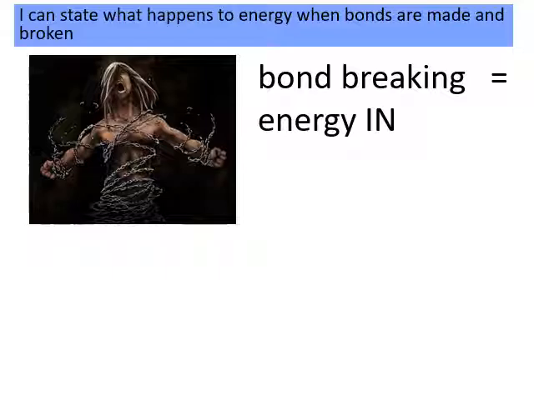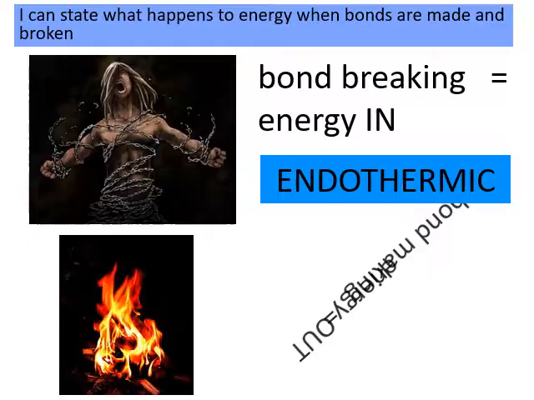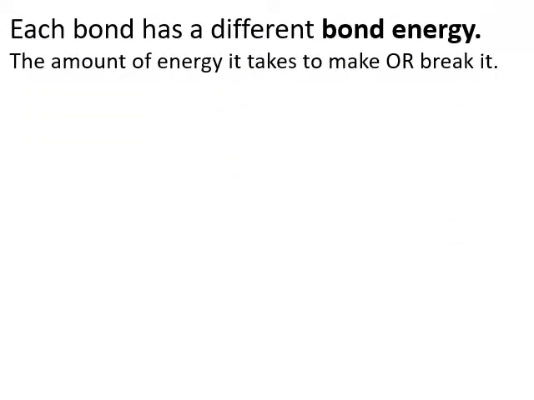Now we've reminded ourselves about activation energies and those reaction profiles, we're going to go back to thinking about the reactions, the endothermic being bond breaking and exothermic being bond making. So every type of bond that there is has a different amount of energy needed to make it or break it.